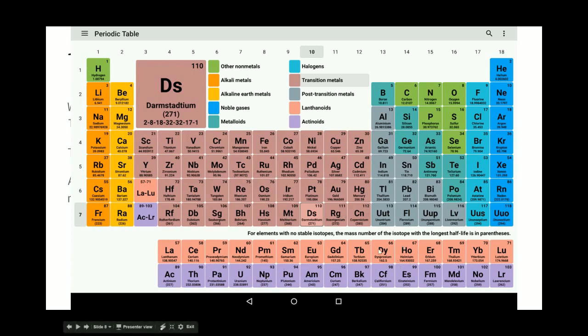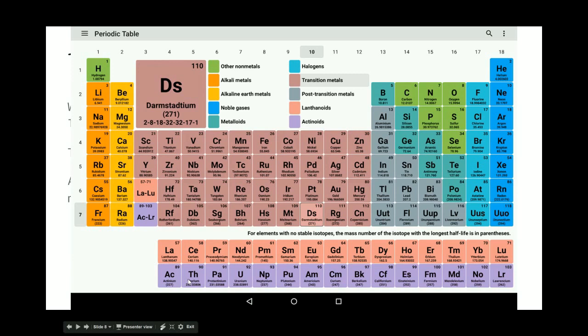These metals down here, as a block, are sometimes called the rare earth metals, because they're rare, I guess. But this section of the period is also known as the lanthanoids, because they come after lanthanum here, number 57. And these are known as the actinoids, because they come after actinium.